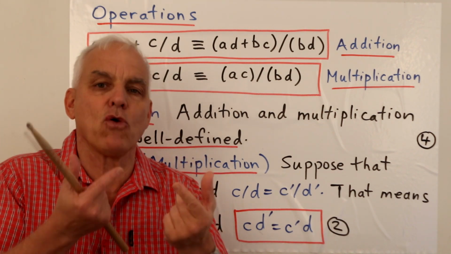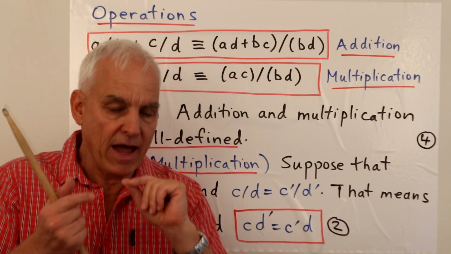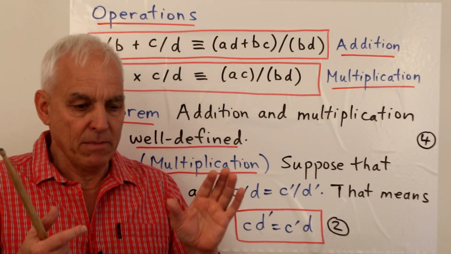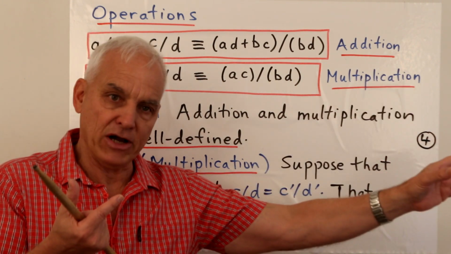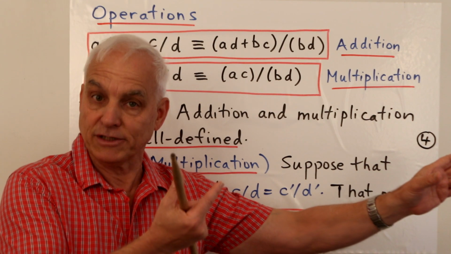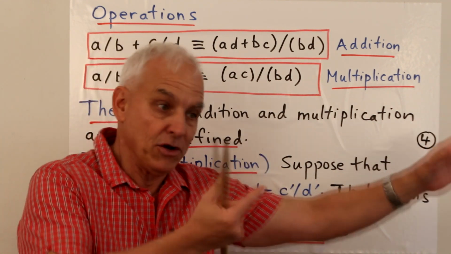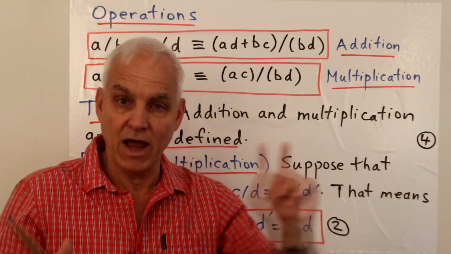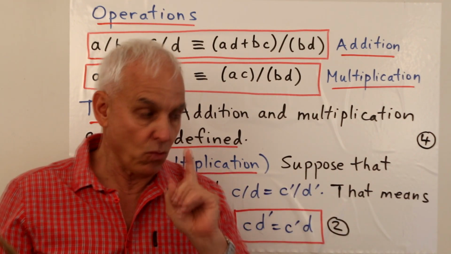There's a notion of equality for fractions. That means that there is the potential difficulty that if we multiply this fraction with that fraction, and then replace this one here with something that's equal to it but looks different, that the new product will be actually different from the first one. We have to make sure that things are well defined.